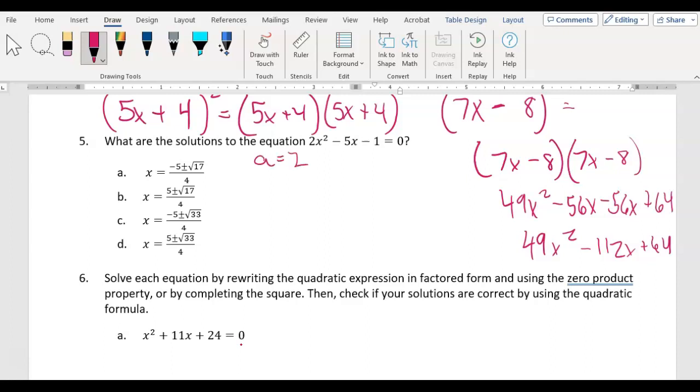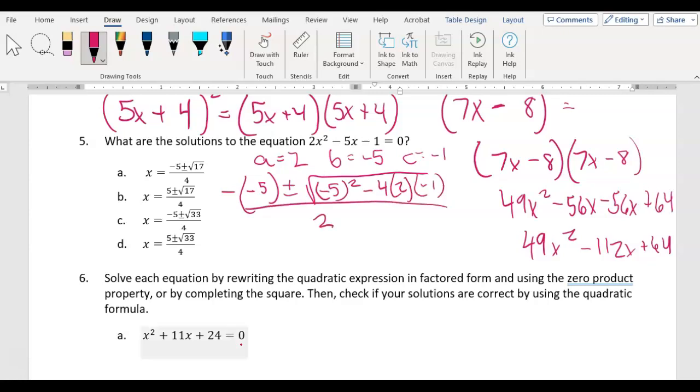So a is 2, b is negative 5, and c equals negative 1. So negative b, negative 5, plus or minus the square root of negative 5 squared minus 4 times a times c, all over 2 times a. This becomes positive 5, so that helps me.